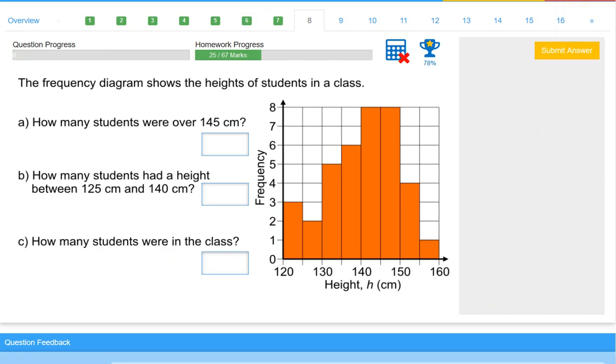Question 8. Again, we've got a frequency diagram. This time, we are asked to interpret this data. So I'm asked, for example, how many students are greater than 145 centimeters, how many are between 125 and 140, and how many students are in the class in total.